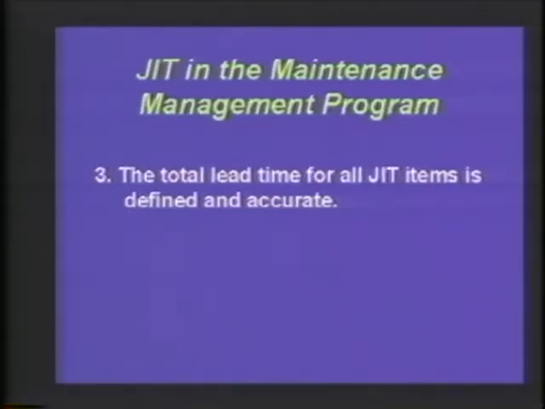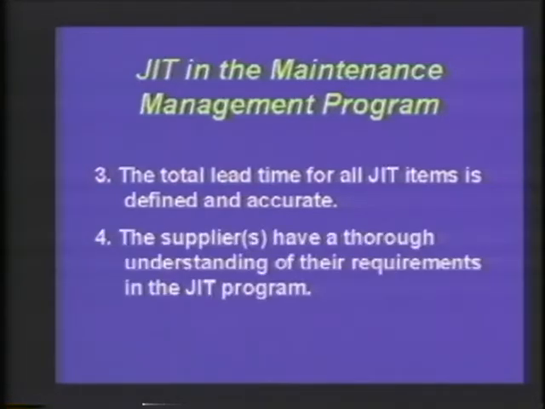Remember, all JIT items. That means that there are some items that are not candidates for JIT. Some hardware items, O-rings, and others could be high volume but low expense items. So all items are not going to be candidates for JIT.